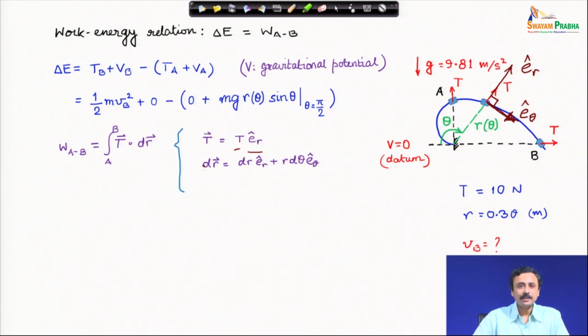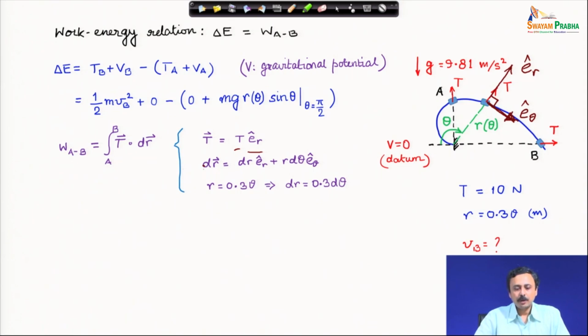This is the general infinitesimal displacement vector in a polar coordinate system. Now, we have the applied force vector T and the dr vector, so we can proceed.